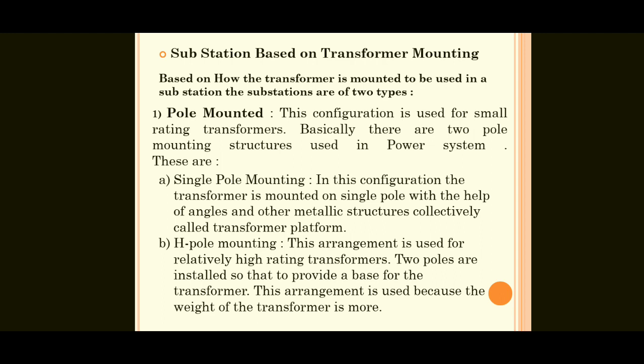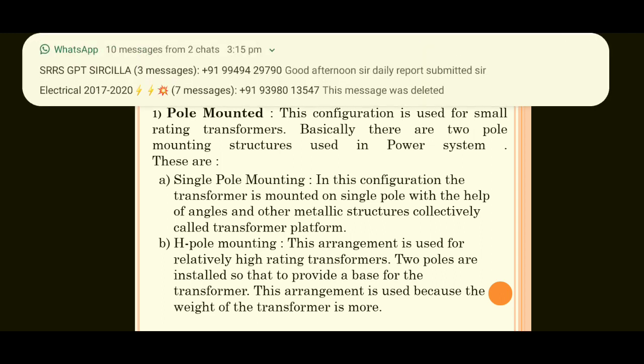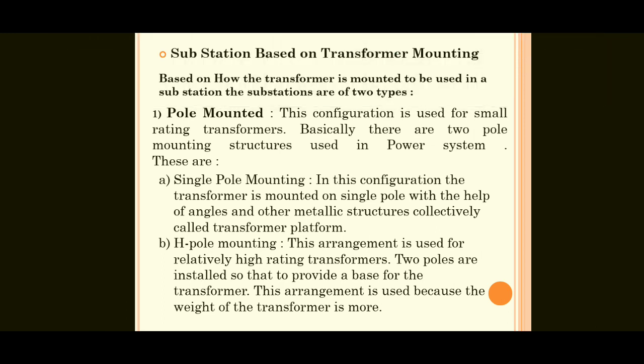This arrangement is used for relatively high rating transformers. Two poles are installed to provide a base for the transformer. This arrangement is used because the weight of the transformer is more.